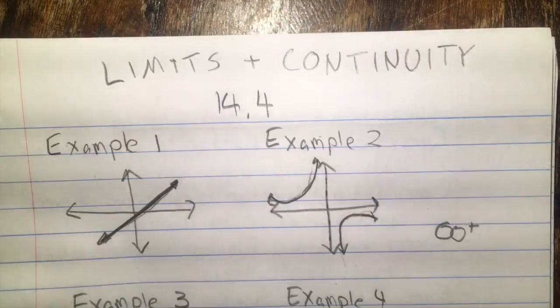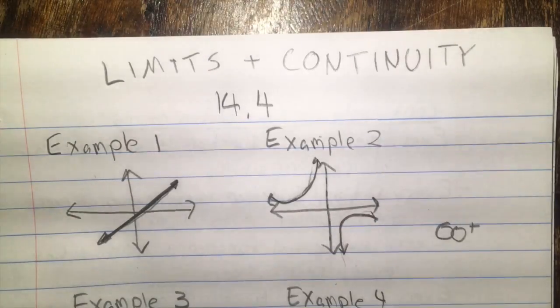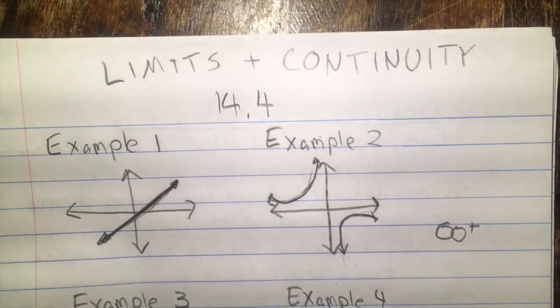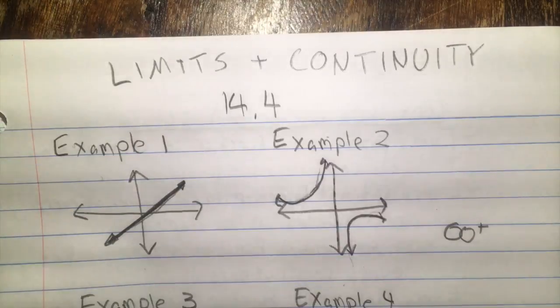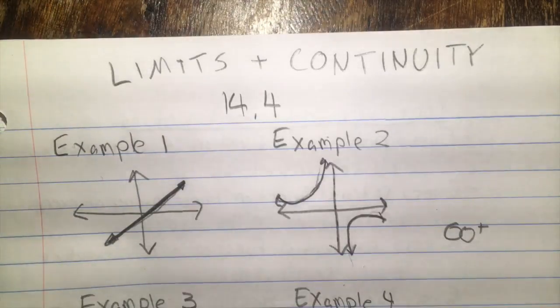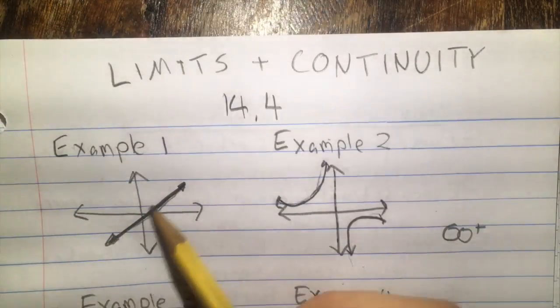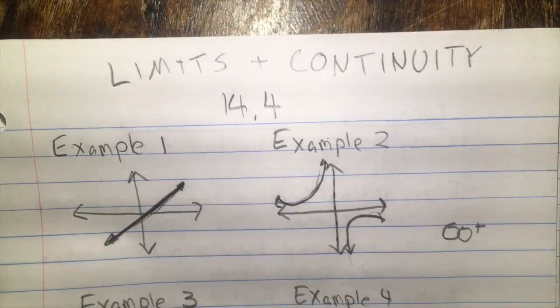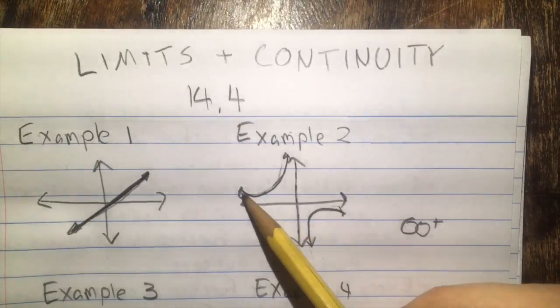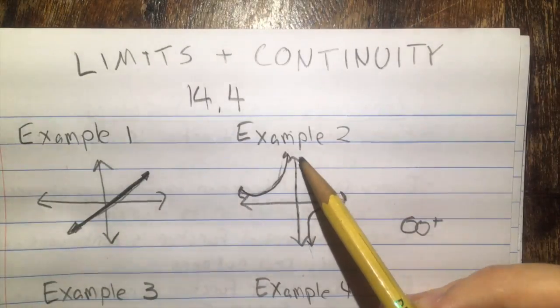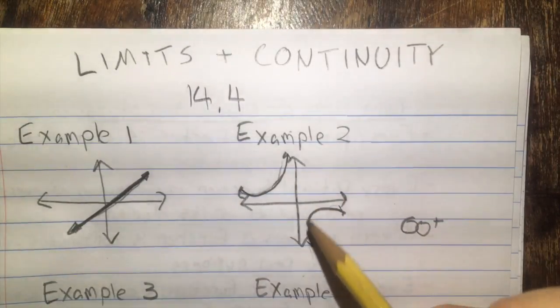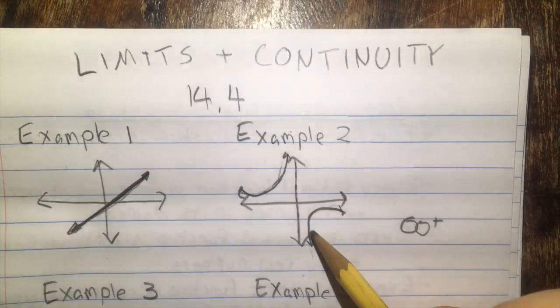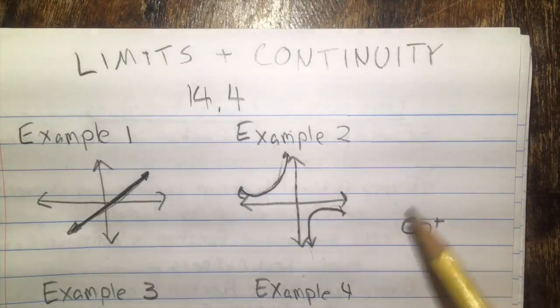So for finding continuity at specific intervals, we're going to look back at examples 1 and 2. First of all, this is continuous over all domains. And over here, it's continuous all the way to 0, and then it's also continuous on the other side of 0.